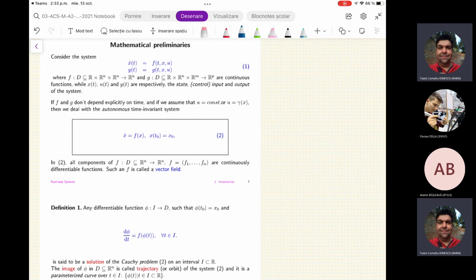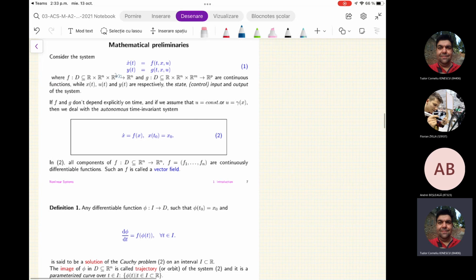It's written like this to emphasize the explicit dependency on time, R^n for the state and R^m for the input u. One of them is m, sorry. This should be m.